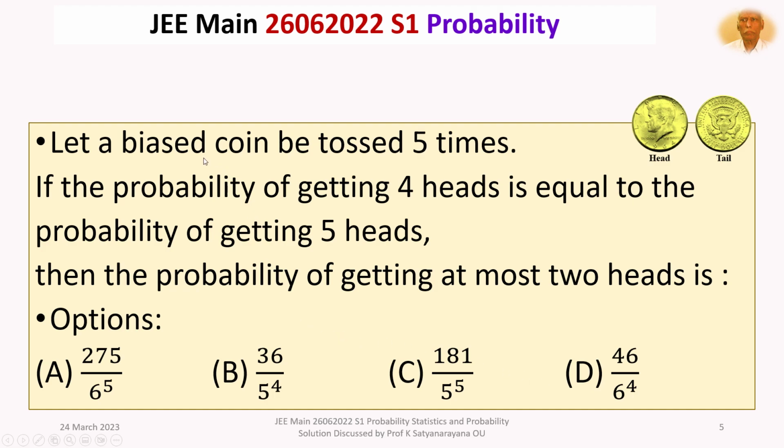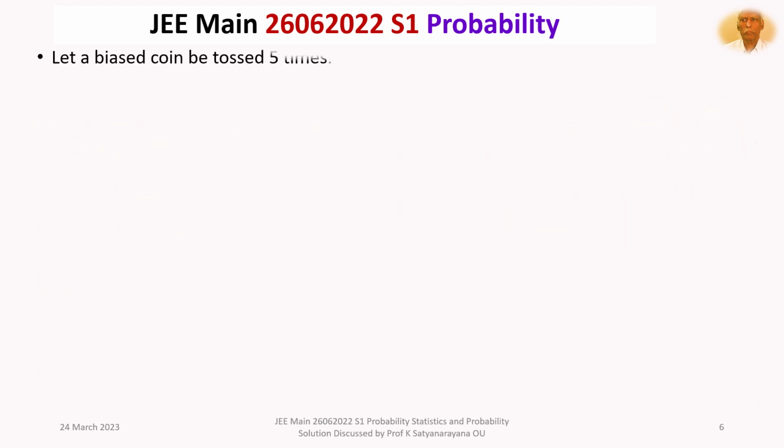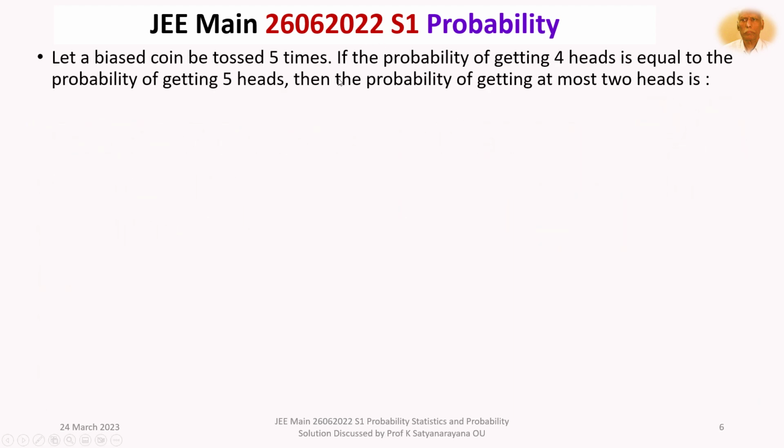So we are given a biased coin, and it is tossed 5 times. We are also given that the probability of getting 4 heads is equal to the probability of getting 5 heads. We are required to find the probability of getting at most 2 heads. That's our given question.